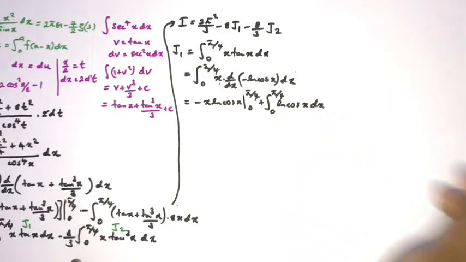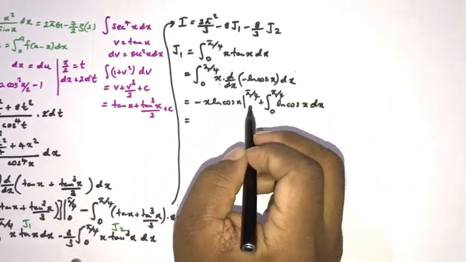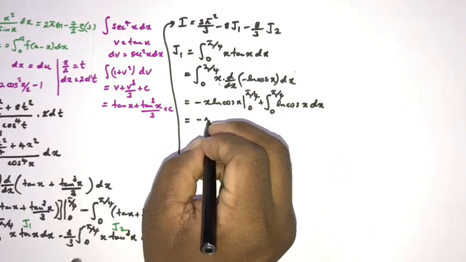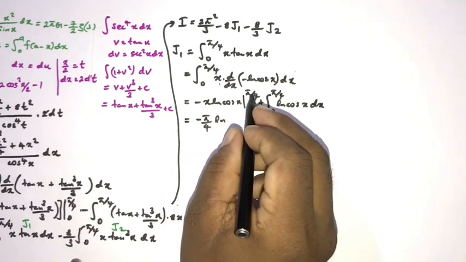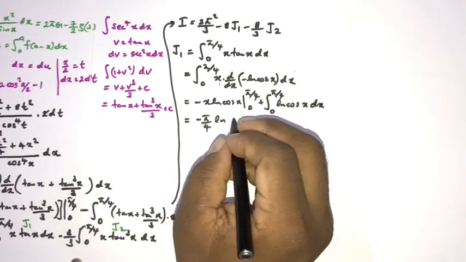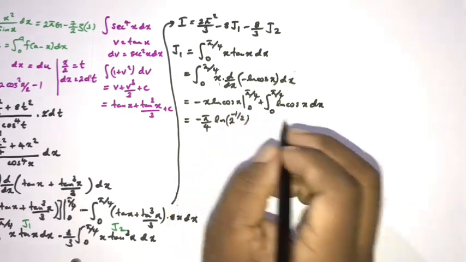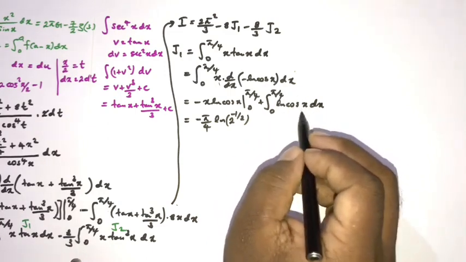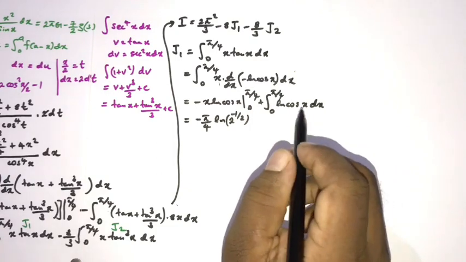Now here if we apply the limit π/4, so here minus π/4 natural log of, now cos of π/4 we know is 1 over square root of 2, so we can write 2 to the minus 1/2, then the integral from 0 to π/4 of natural log of cos x dx. We evaluated this integral in a previous video.